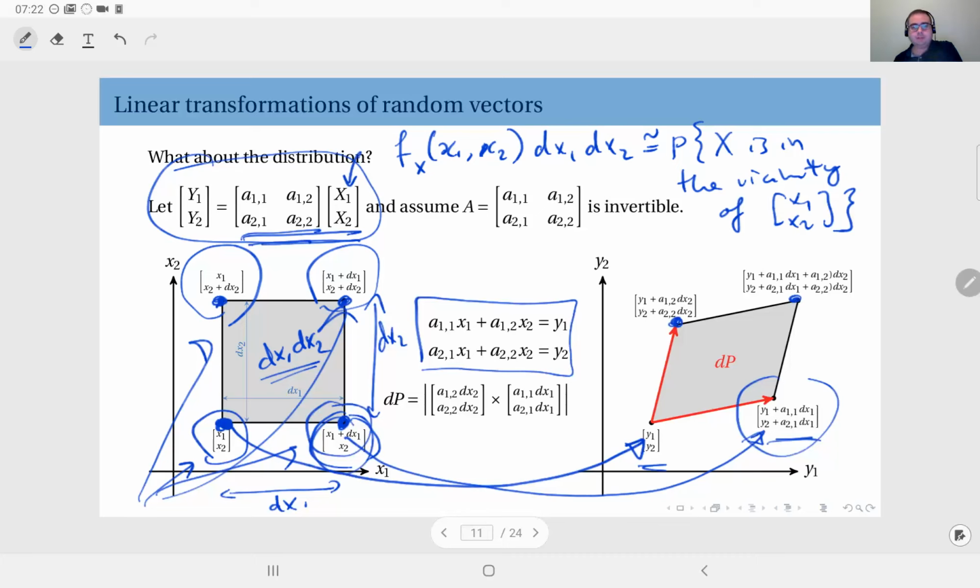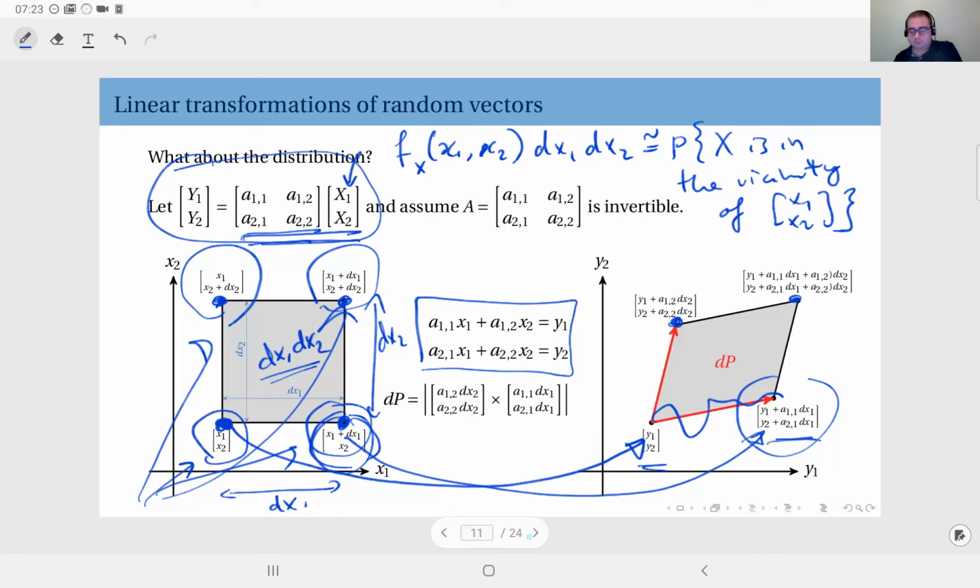Since this is a linear transformation, what I get is a parallelogram. It has a nice shape, so this rectangular region becomes a parallelogram after this transformation. It's not like I have some wobbly bits here, it's just a straight line. As the name implies, this is a linear transformation.